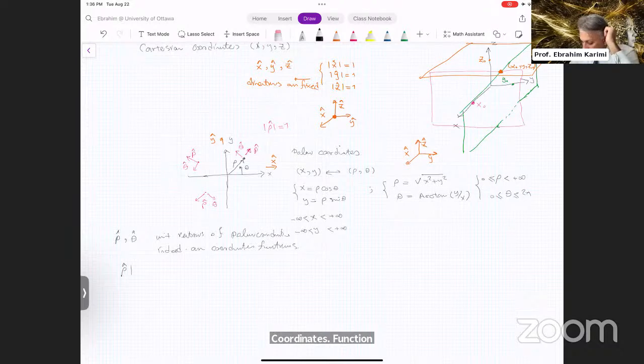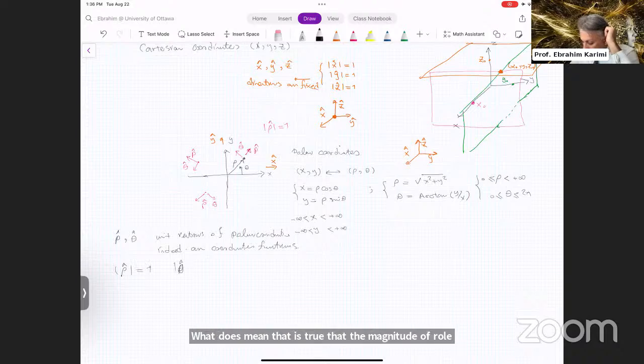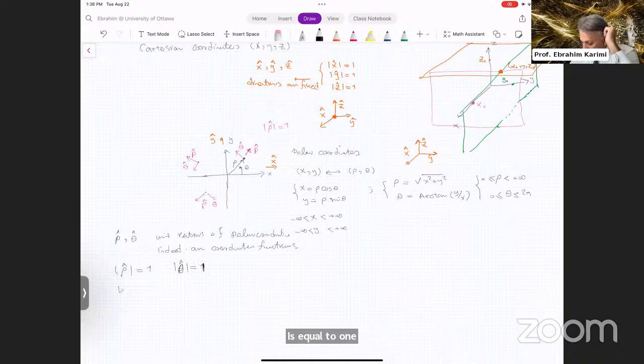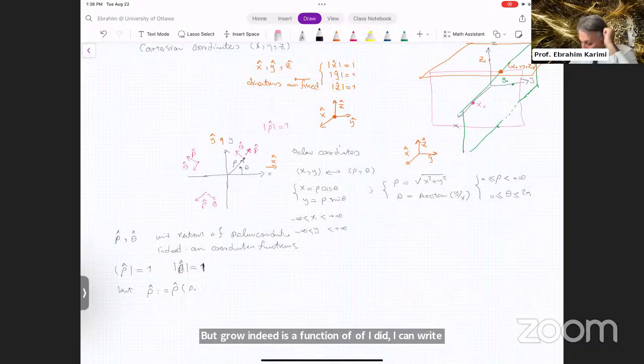It is true that the magnitude of rho hat is equal to 1 and the magnitude of theta hat is equal to 1, but rho hat indeed is a function of either x and y, or you can write it as a function of rho and theta.